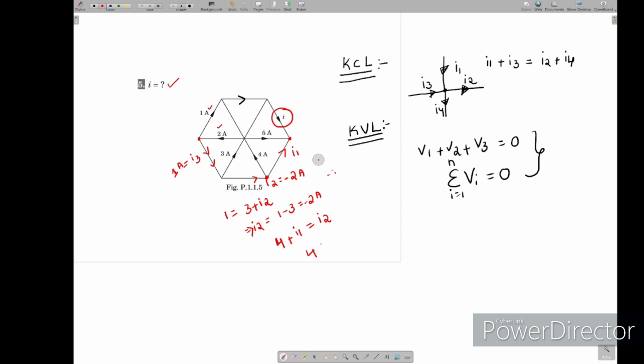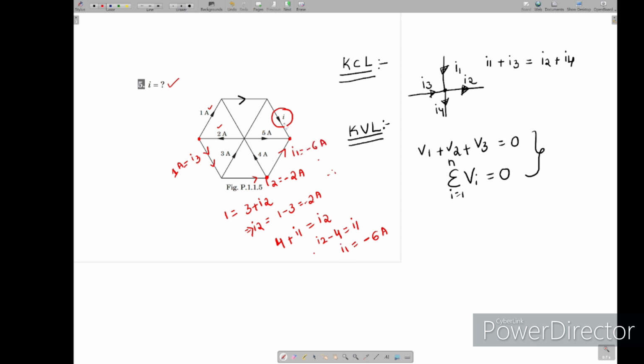So I1 will be I2 minus 4, I1 equals minus 2 minus 4, it is minus 6 amps. So I1 equals minus 6 amps.